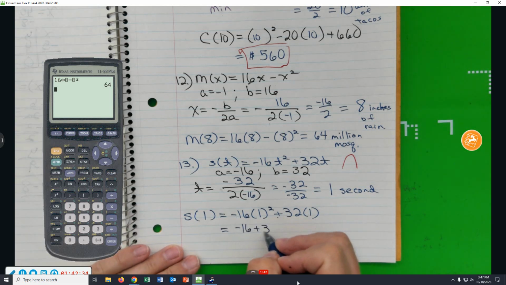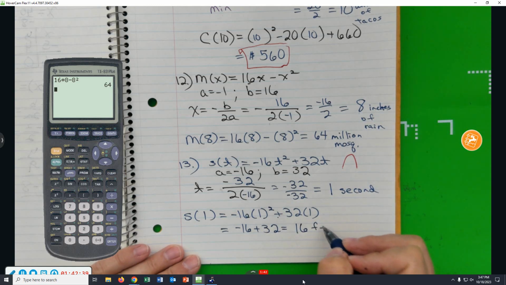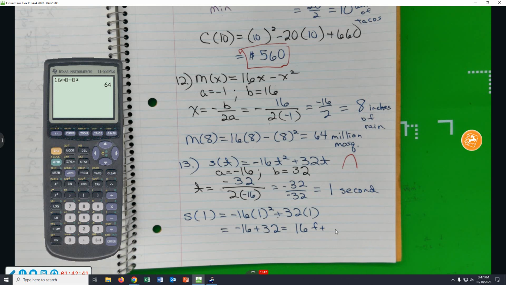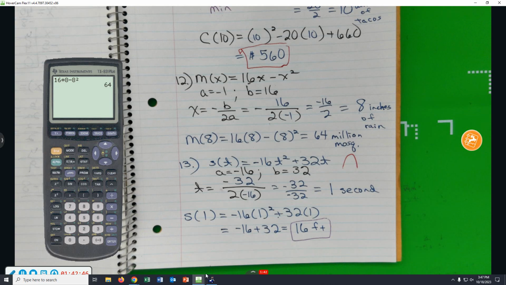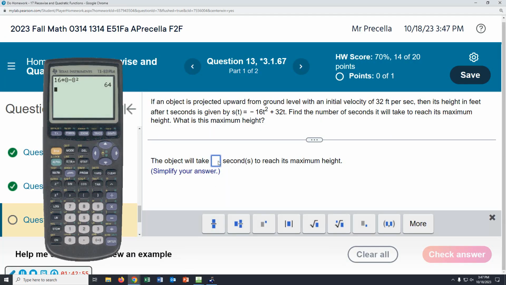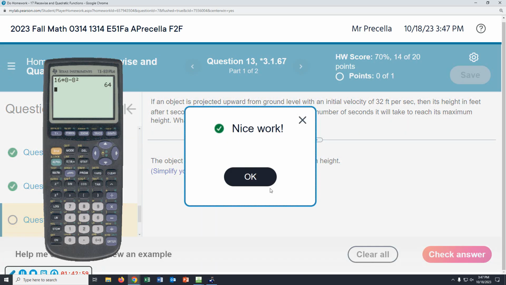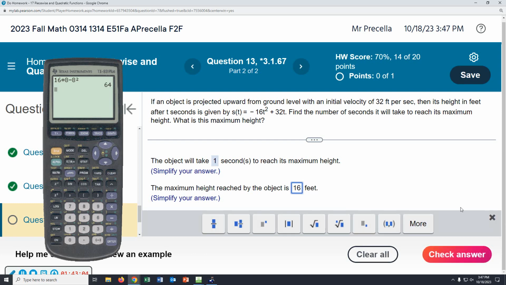Negative 16 plus 32: this object goes up 16 feet in the air. It's a little toy rocket that shoots up and down pretty fast. It takes 1 second to reach its maximum height, and that maximum height is 16 feet.